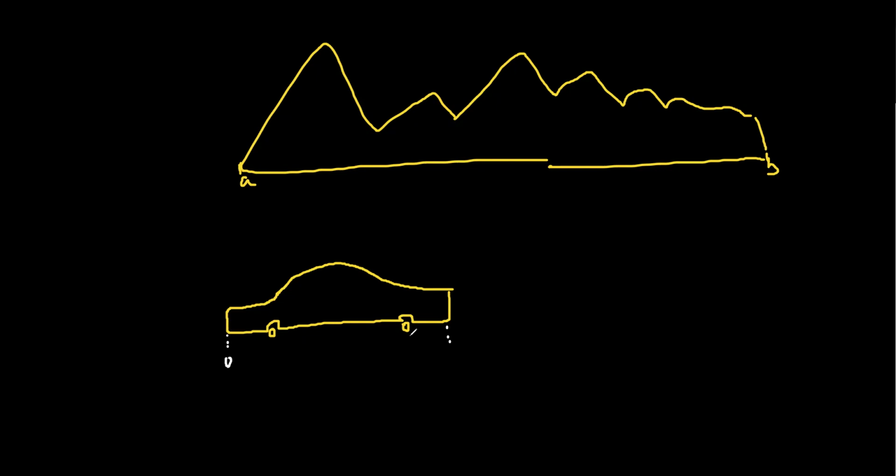Let's suppose this is 20 meters. And you find the area of this car. Let's suppose the shape of this function is f(x). So what will you do? From 0 to 20, f(x) dx.